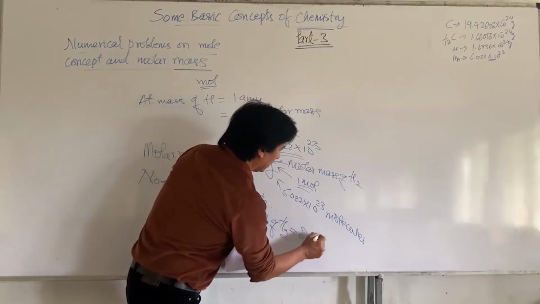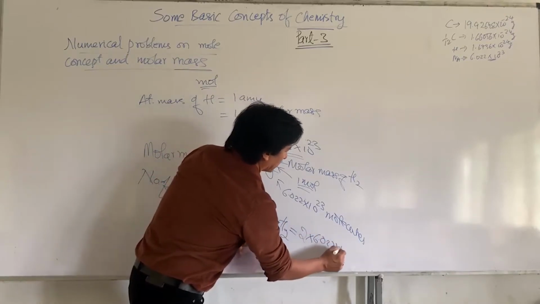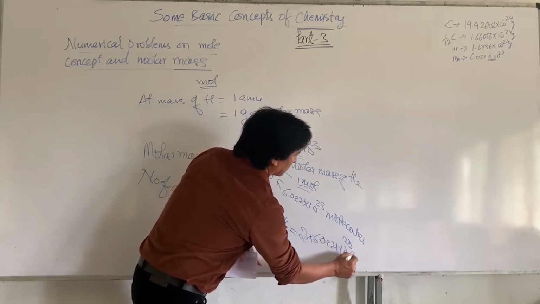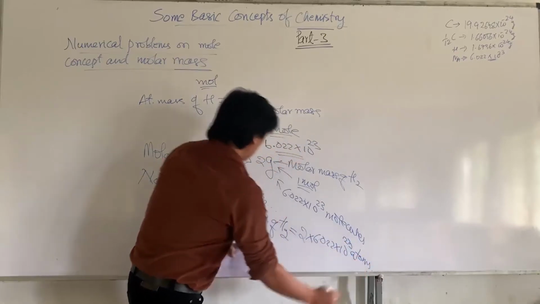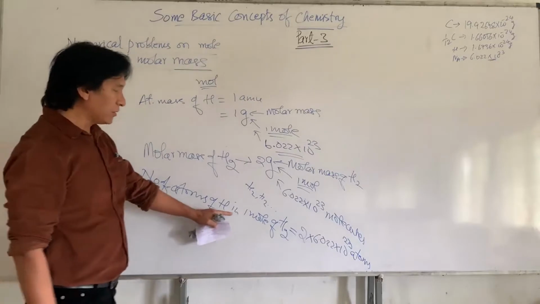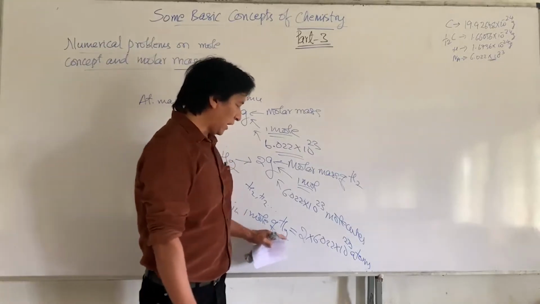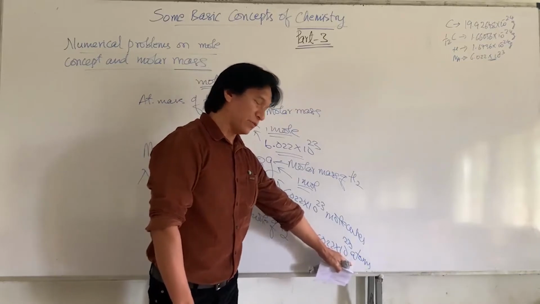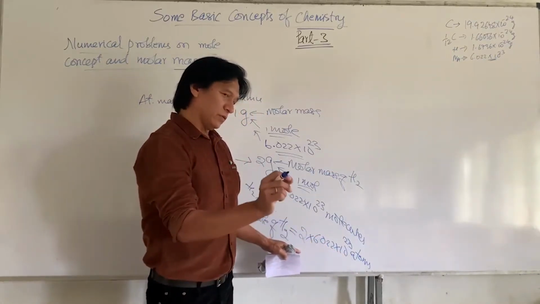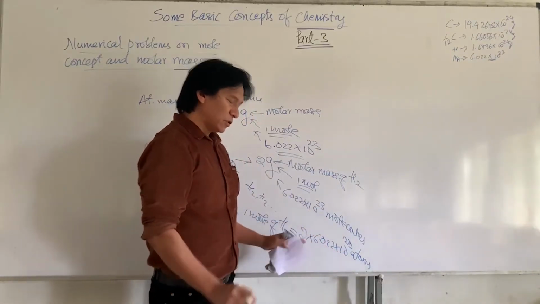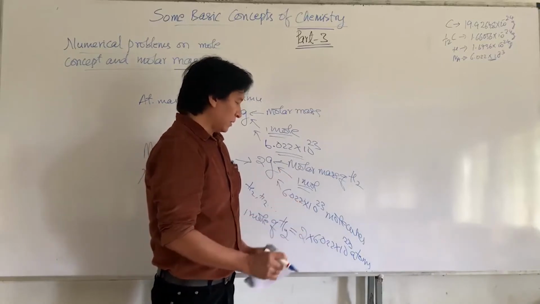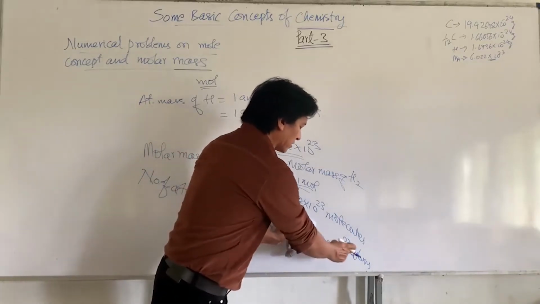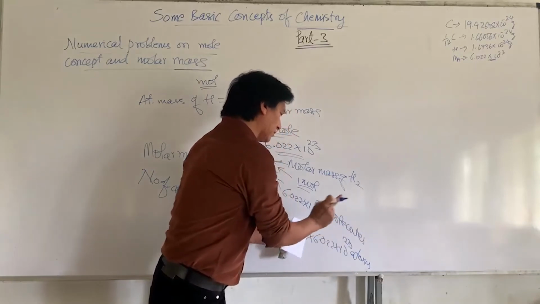So there are this many, 2 into 6.02 into 10 raised to the power 23 atoms, right? So the number of atoms of hydrogen in 1 mole of dihydrogen is 2 times 6.02 into 10 to the 23, because in each molecule of dihydrogen you have 2 hydrogen atoms. Since you have this many molecules of dihydrogen, the number of atoms will be twice the number.